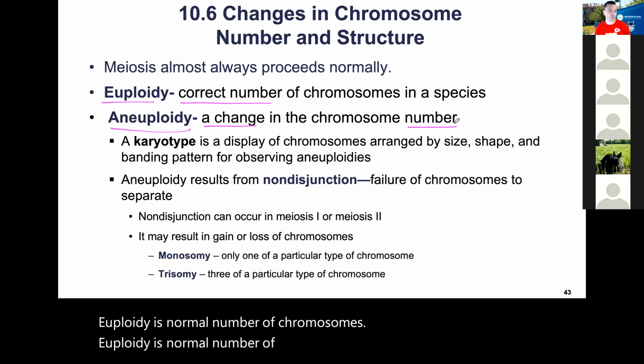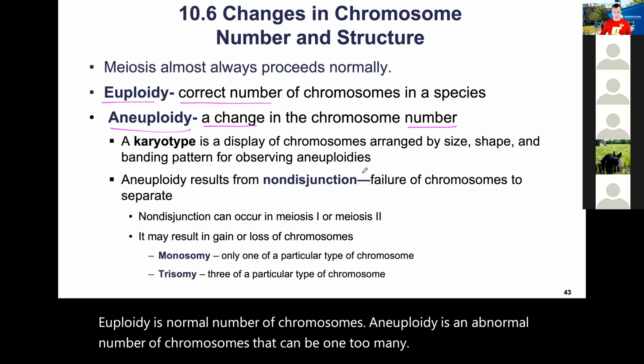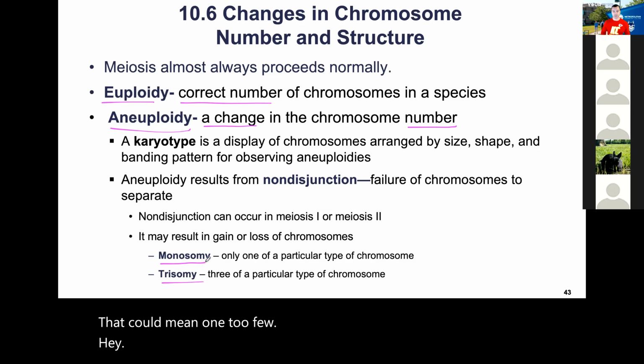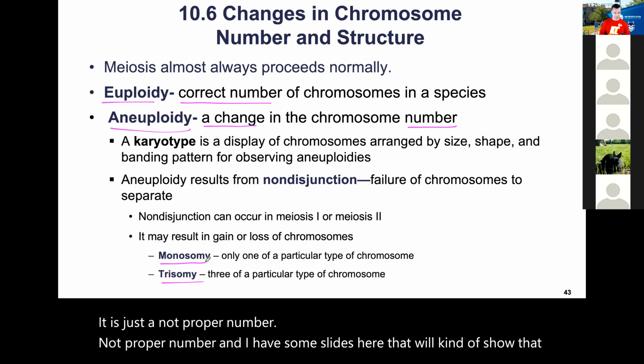Aneuploidy is an abnormal number of chromosomes. That can be one too many. That could mean one too few. It is just a not proper number. And I have some slides here that will kind of show that off. I kind of step it out step by step there.